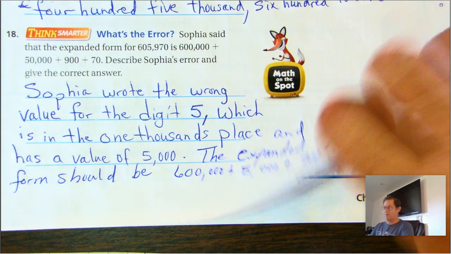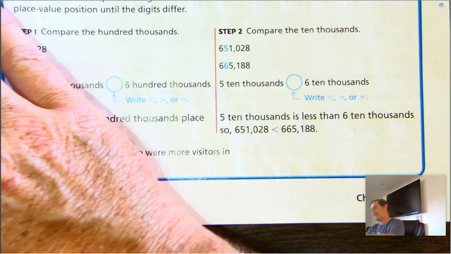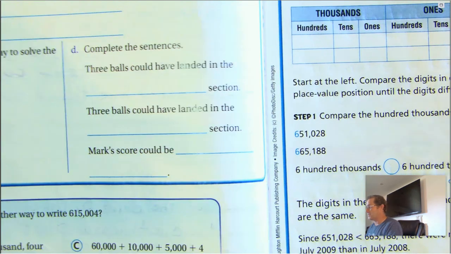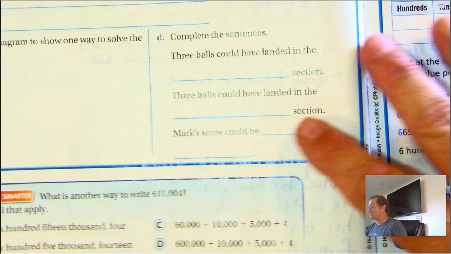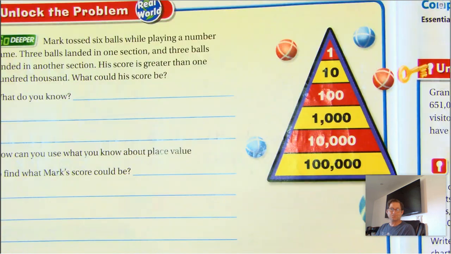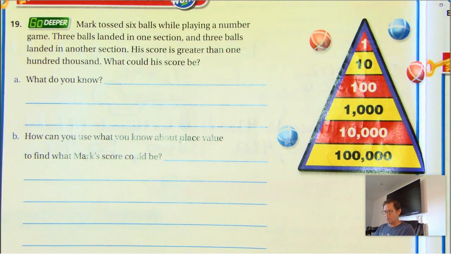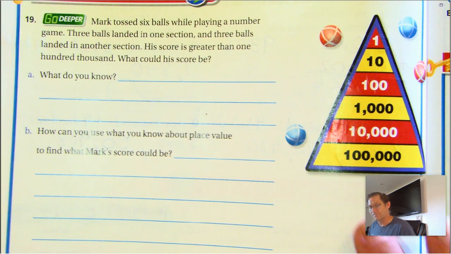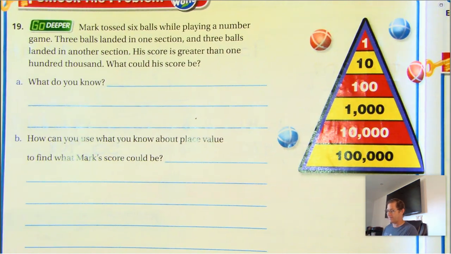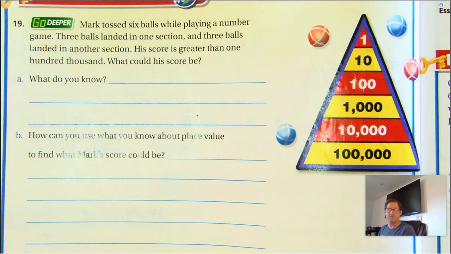All right, let's go to page 12 and finish up our last two problems. Number 19, Go Deeper. Things tend to be a little more challenging. We just have to read carefully and apply what we've learned in our previous problems.